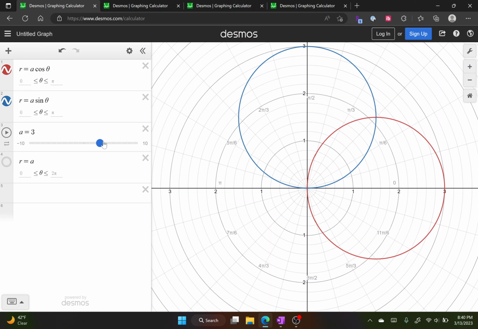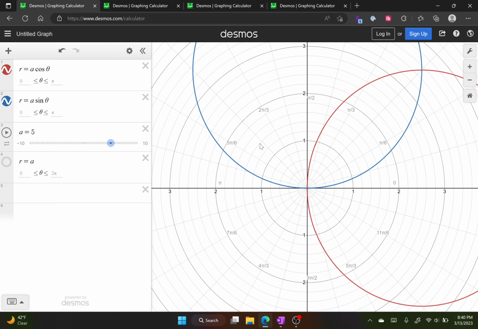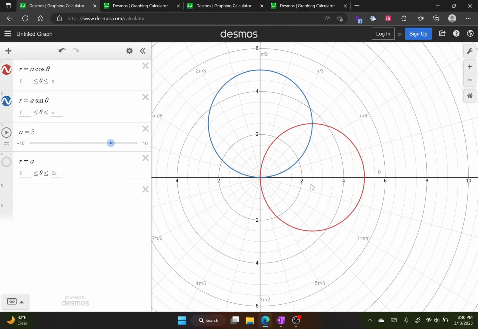So if we increase a from 1 to 5, our diameter has increased from 1 to 5. Our cosine function has our x-axis, sometimes called our polar axis, as a line of symmetry. The sine has the y-axis as the line of symmetry that will bisect it.